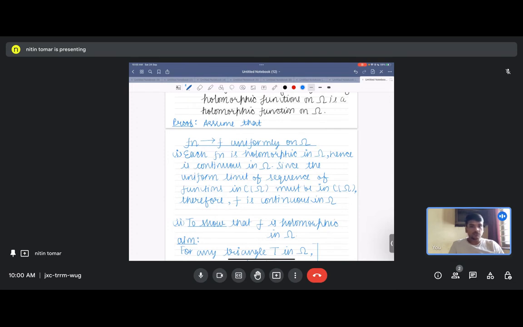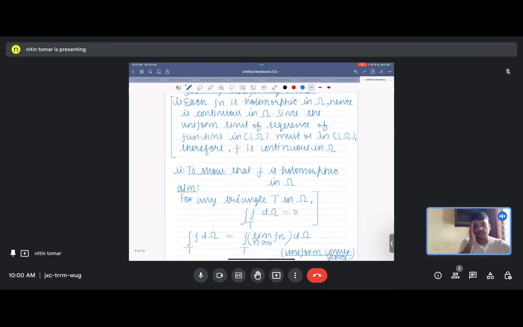And as we know that the uniform limit of a sequence of continuous functions must be a continuous function, therefore the limit function f is also continuous. This is precisely the first point, because to start with holomorphicity, we have to prove that a function is first of all a continuous function. So f is a continuous function now.